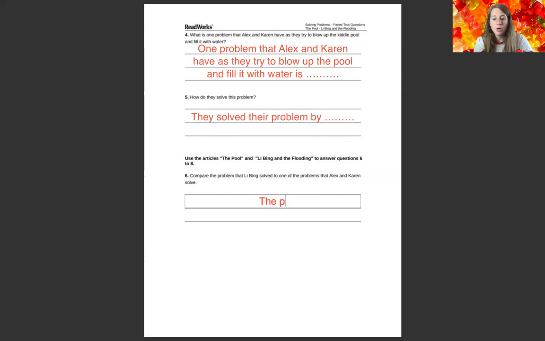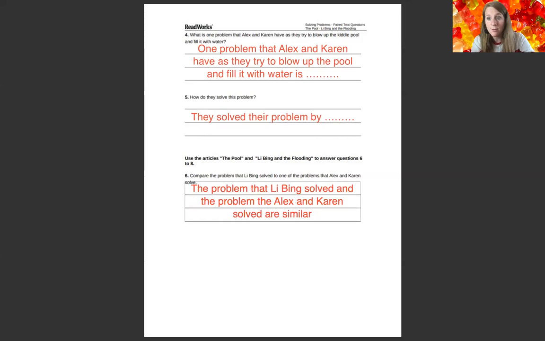Okay, the problem that Li Bing solved and the problem that Alex and Karen solved are similar. Remember, because compare means how are they similar?